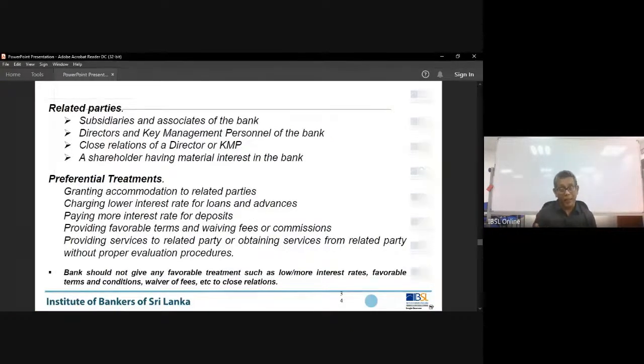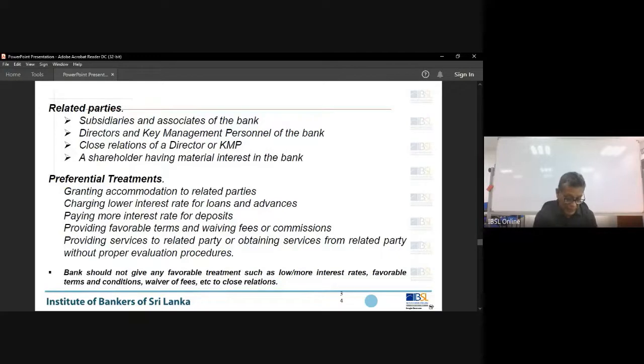The related parties are identified as your own employees and subsidiaries and associates of the bank, maybe directors and key people, close relationship people, and shareholders having material interest in the bank. Why do we have restrictions like related party transactions? Because in order to prevent obtaining some preferential treatment from that organization, right?